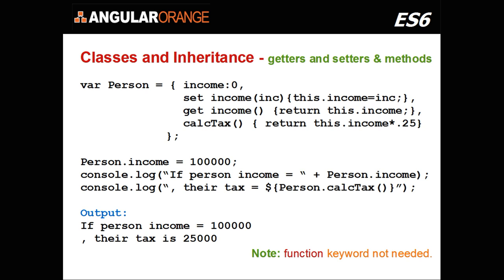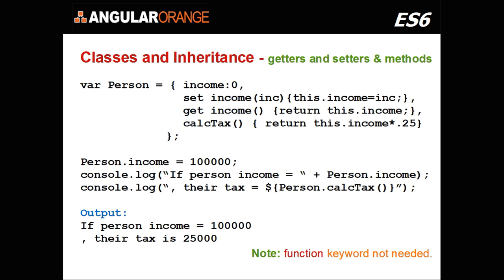So once again, you could define the income of the person to be 100,000, and you could log, if the person's income is, and that income would do a getIncome on person, and then you could log, comma, their tax is, and do a ${person.calcTax()}, and basically you would log the output.